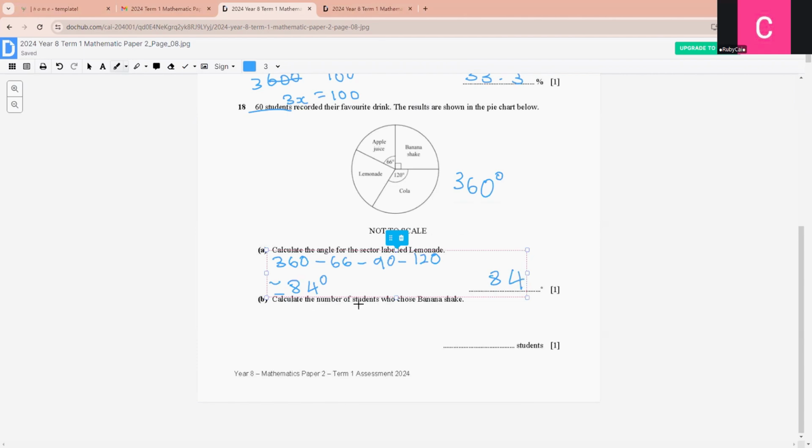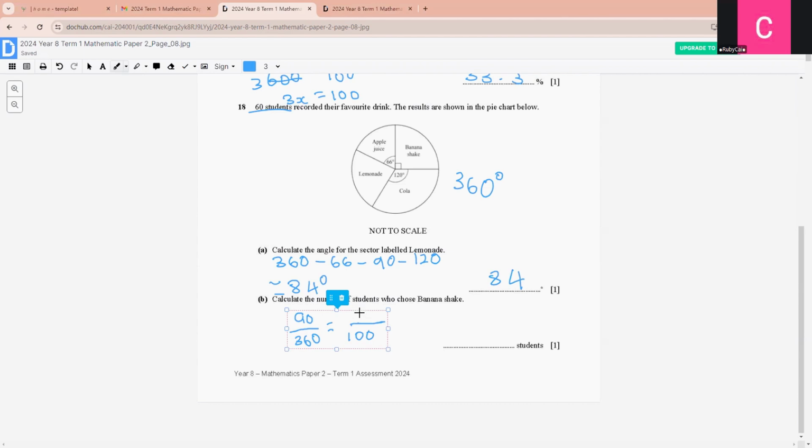Next question, calculate the number of students who chose banana shake. So we already know that there is 90 degrees out of 360 degrees. And 360 is 100, which is all the students.